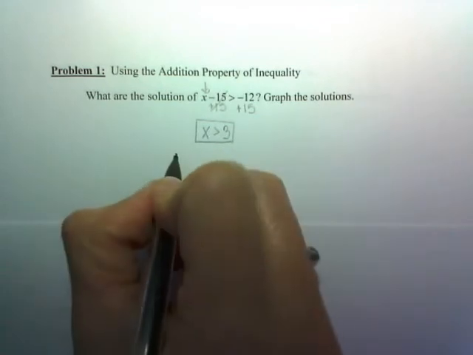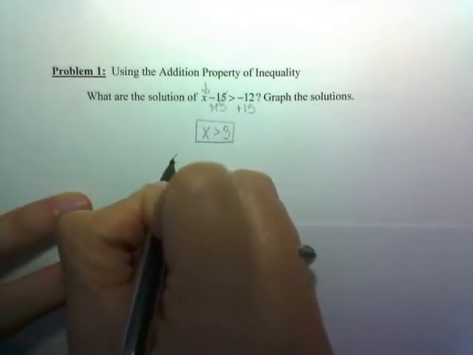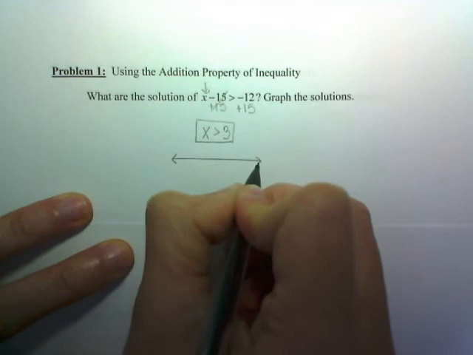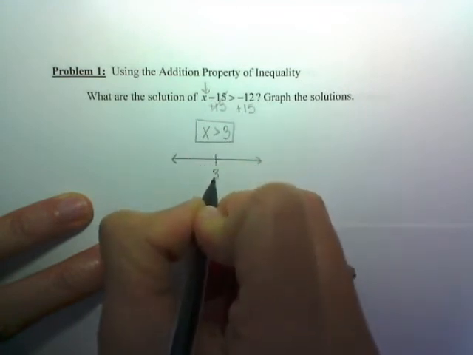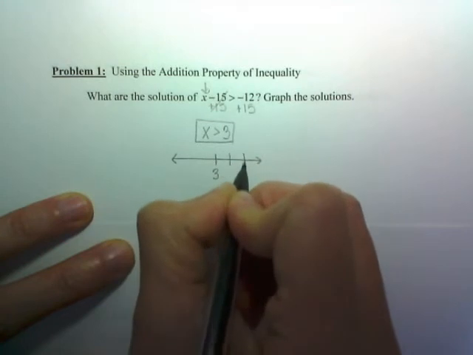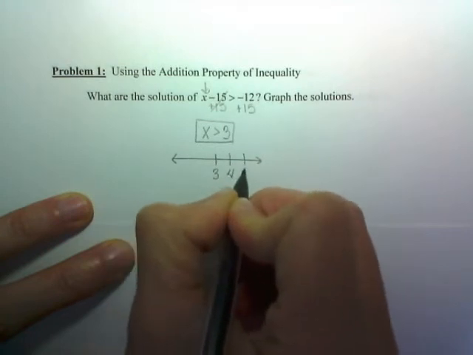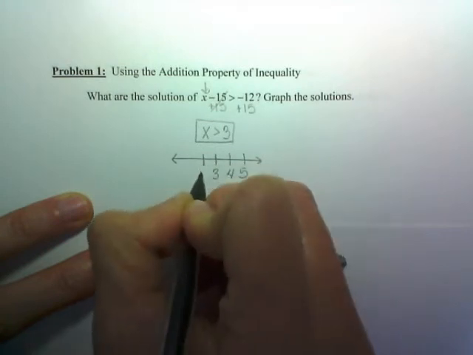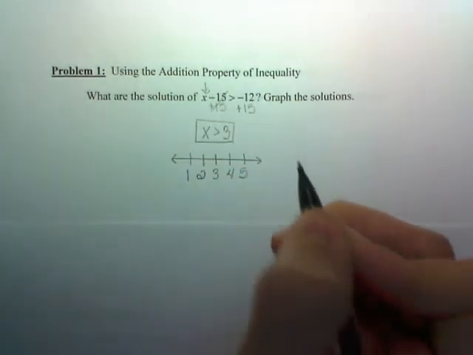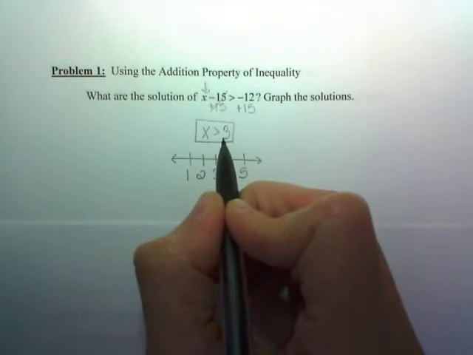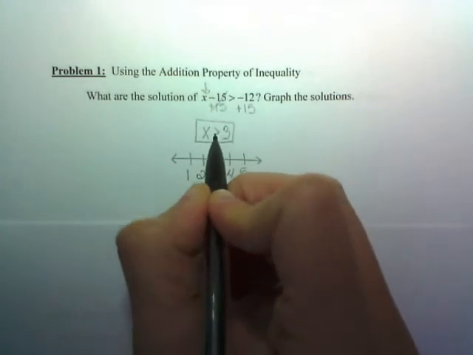So just like we did in the last video, we need to set up our number line. 3 is our starting point. We need to allow ourselves 1 or 2 numbers on either side of 3, making sure that we have our number line set up correctly, just so that we make sure we can go in the correct direction. Now, we're starting at 3, and we have a greater than symbol. We cannot use 3. If you plug 3 in here, 3 is not greater than 3.